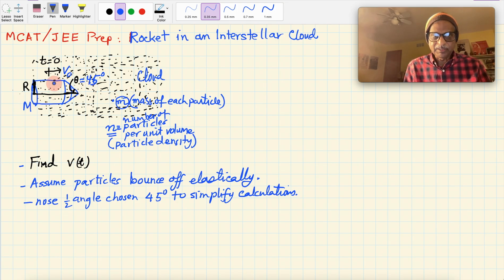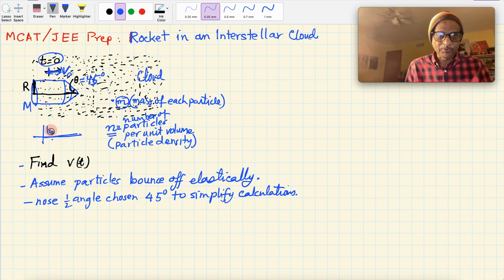And as it's going, at t equal to 0, the speed in the nose direction is v0. This v0 is with respect to this frame, the inertial frame, and the cloud is at rest.